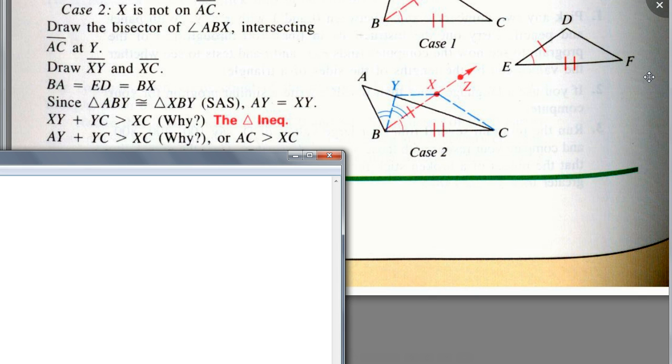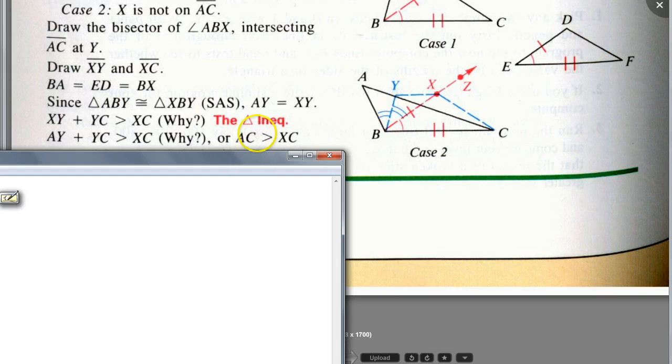How? Say it again? Not quite. Let me give you a hint. What do you know about XC versus DF? They're the same. They're congruent, aren't they, guys? So, Iveta, if XC is congruent to DF, what can you say?